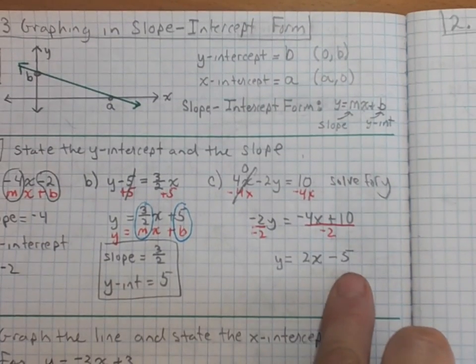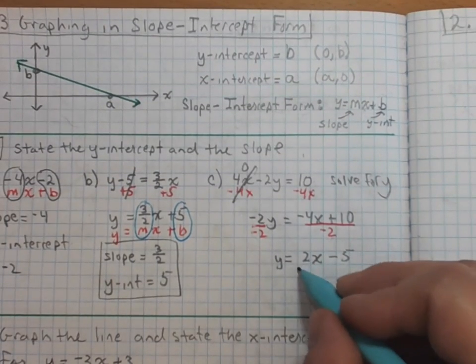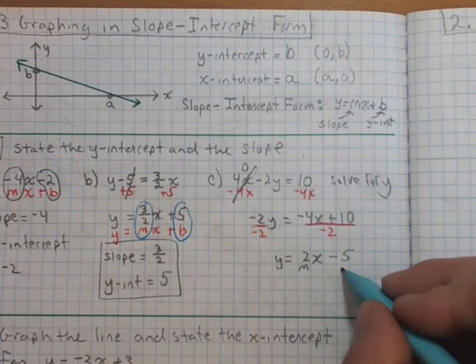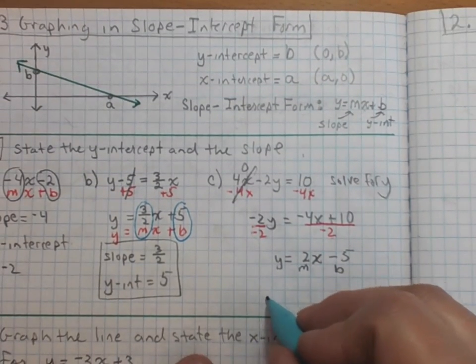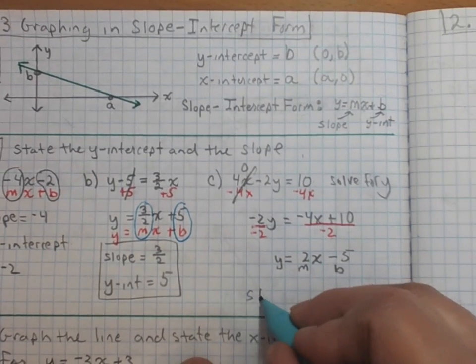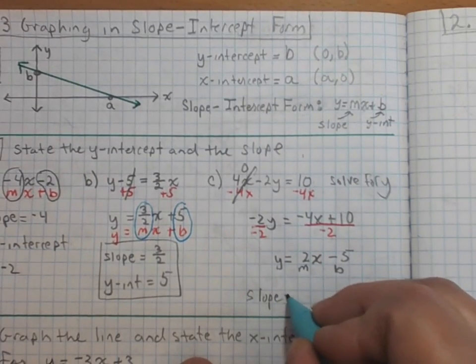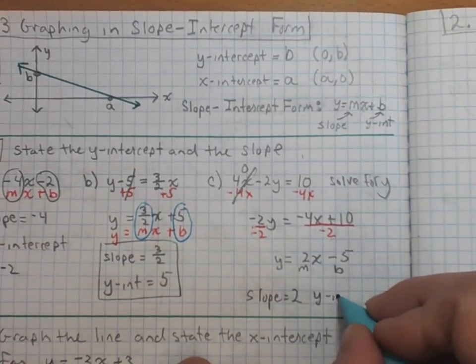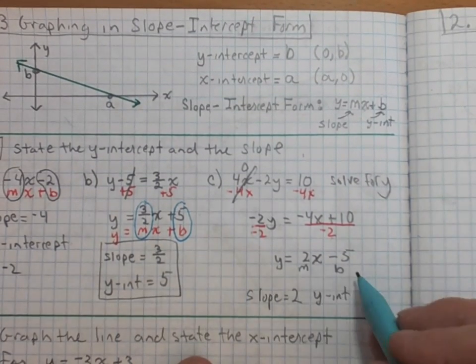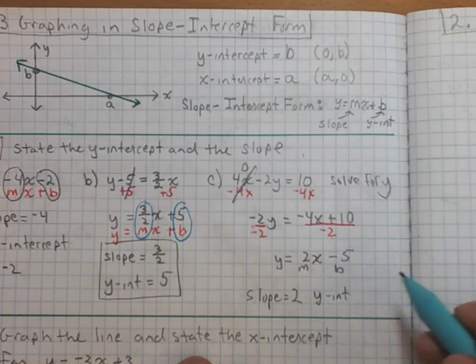And so there is my equation. This is mx plus b. And so my slope equals 2. The y-intercept, call it y-int, is equal to negative 5.